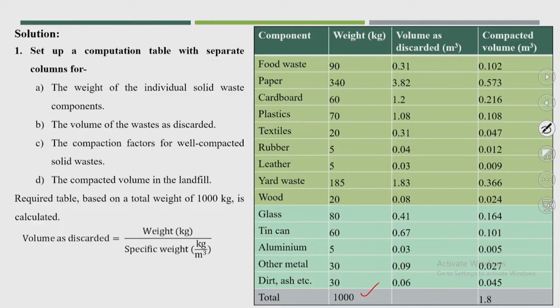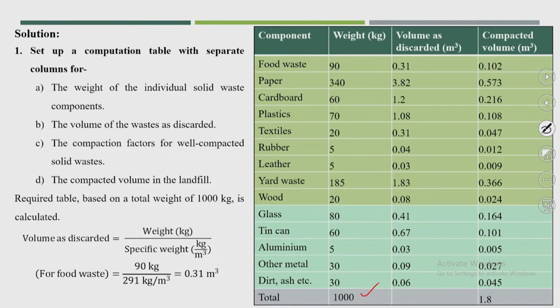We will see it one by one, and finally we calculate the compacted volume. We calculate the volume as discarded, which is weight divided by specific weight. We know the specific weight of each waste. For food waste, the total weight was 90 kg and the specific weight was 291 kg per meter cube.